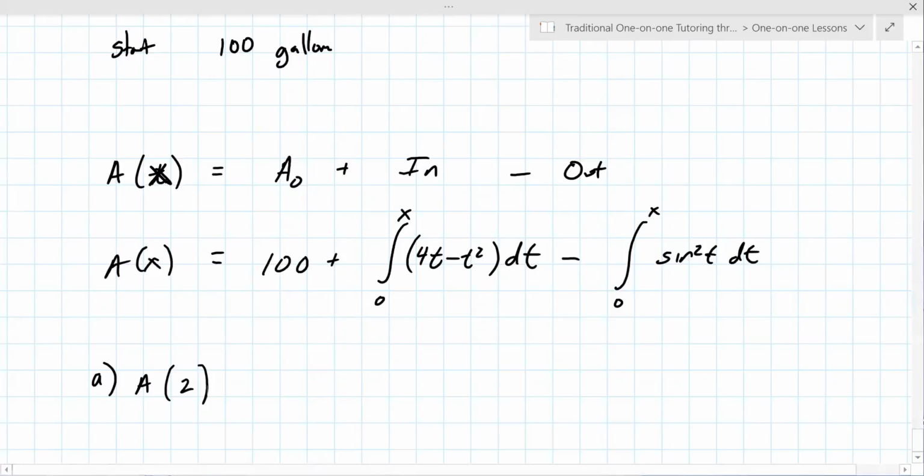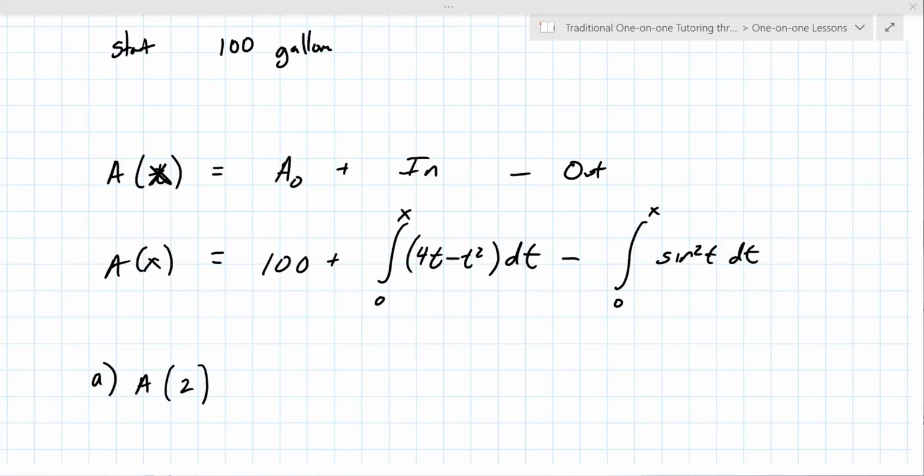Now if you graph them together, which you would have because you would have a calculator here, let me see if I can get the in minus out. Actually, let me just graph the whole thing, not just the rates, the in minus out. So it'd be 4x minus x squared, and it's kind of a funky graph.